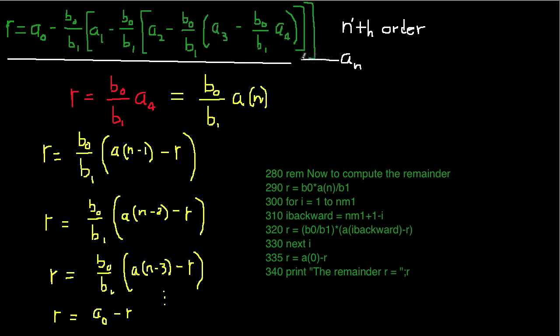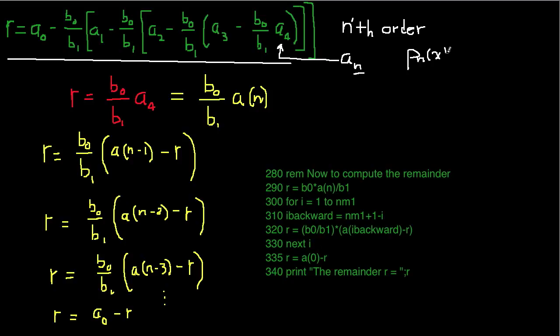So where A4 appears right here, in my computer program, I'm going to put a sub n. Remember that n is the order of the original polynomial, because A4, A3, A2, A1, the a's are the coefficients of my original polynomial, p sub n of x.